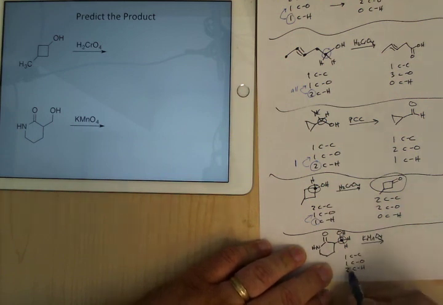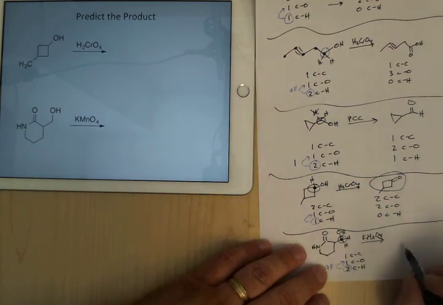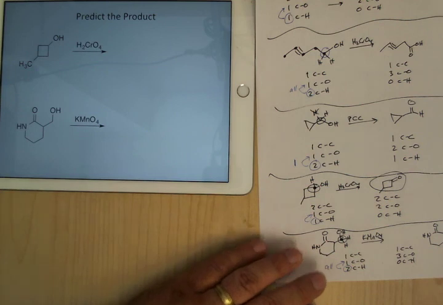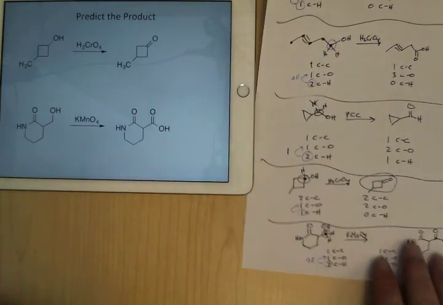Again with KMnO4, we're going to convert them all. So our new product is going to have 1 CC bond, 3 CO bonds, and no CH bonds. Here's our original carbon. How do we put 3 CO bonds on there? Make it into a carboxylic acid. So there we go. Good luck.